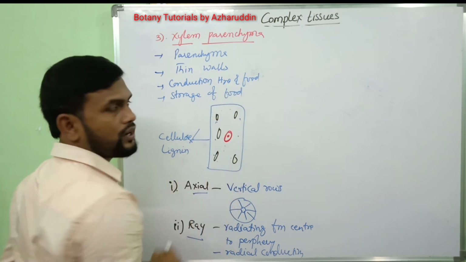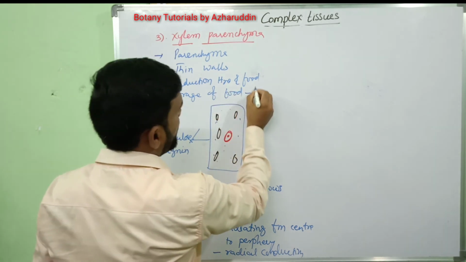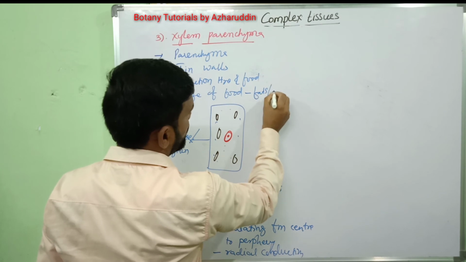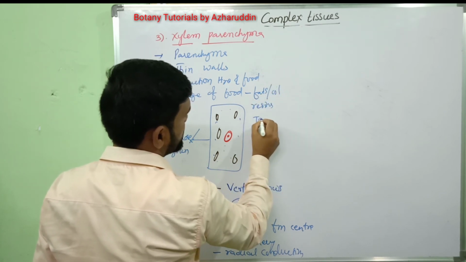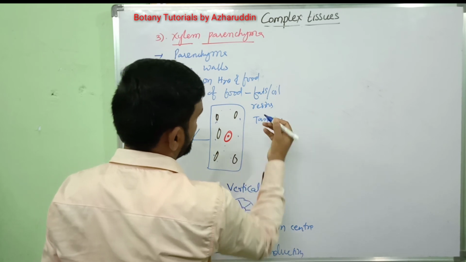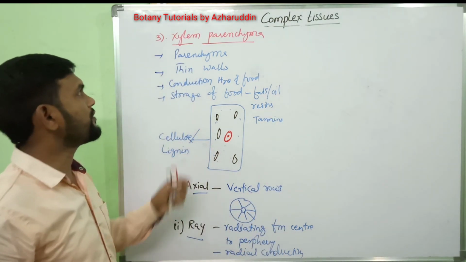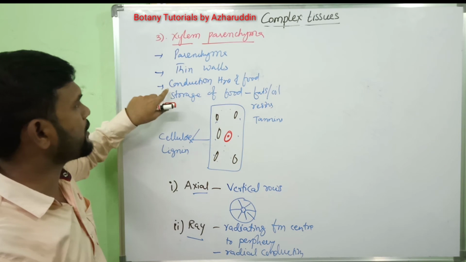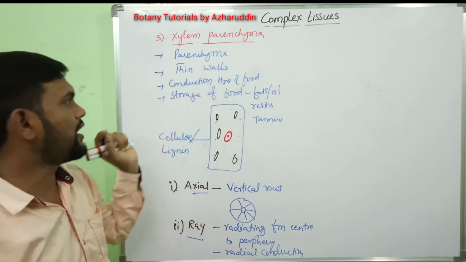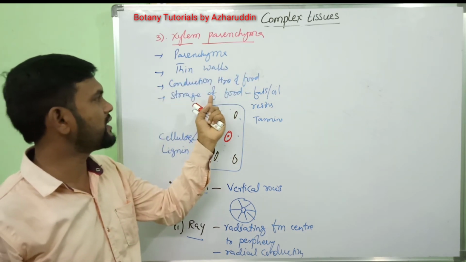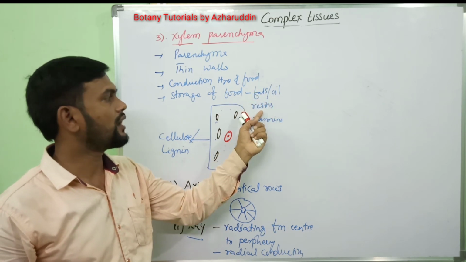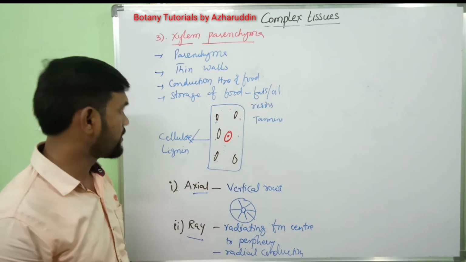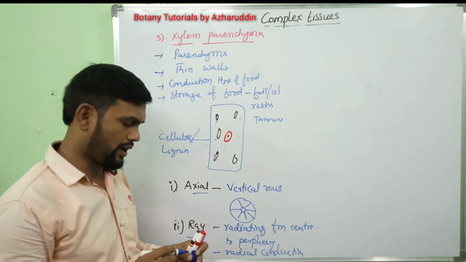It stores food in the form of fats, oils, resins, tannins, etc. The main function of the xylem parenchyma is conduction of water and food, and it stores food materials in the form of fats, oils, resins and tannins. This is about xylem parenchyma.